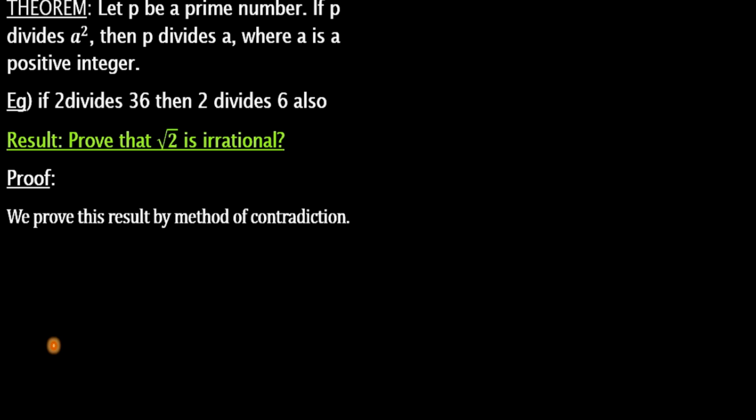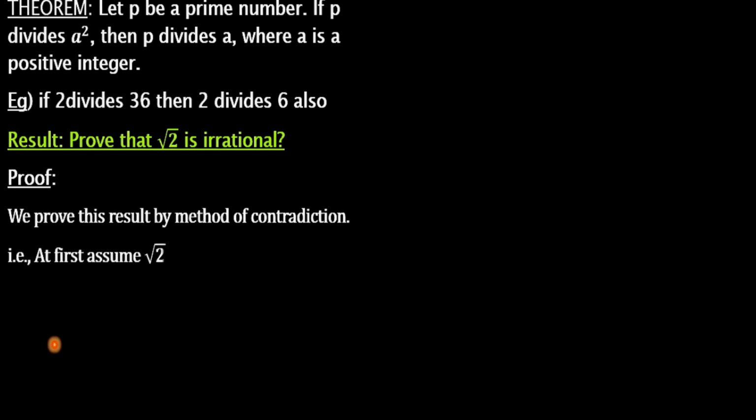Similarly, if we are going by a path and checking whether it is a wrong path, we check whether we will find something wrong in that path. If we find something unnatural, then we conclude our path is wrong. So what is our path here? At first, assume root 2 is rational.